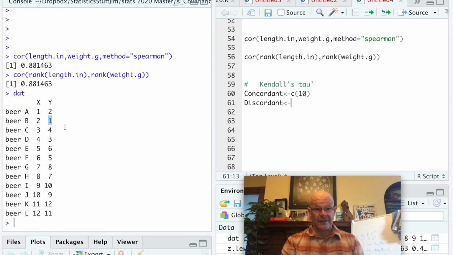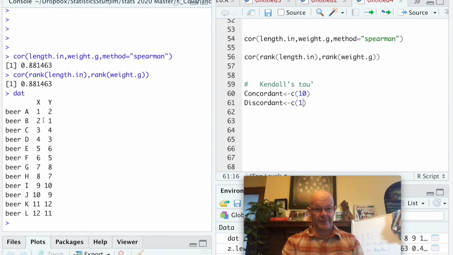We have one discordant here, because 1 is clearly less than 2. You can ignore the tie. So for our first one, there is one discordant.